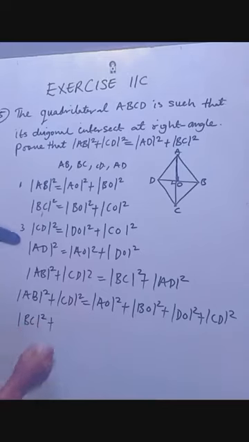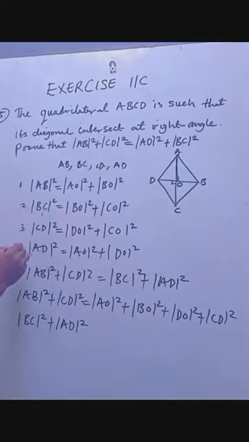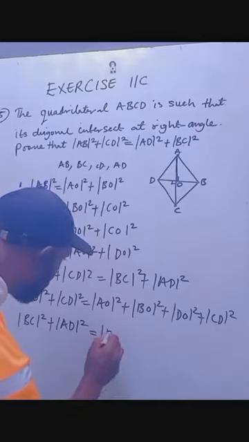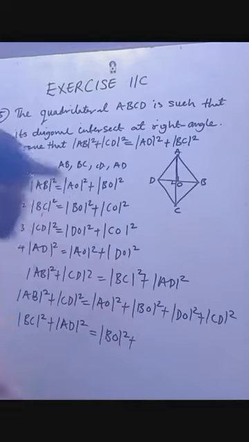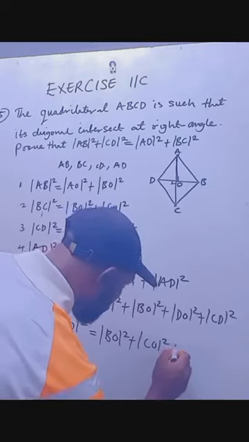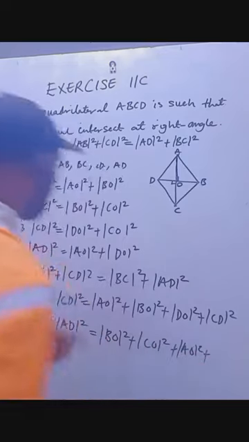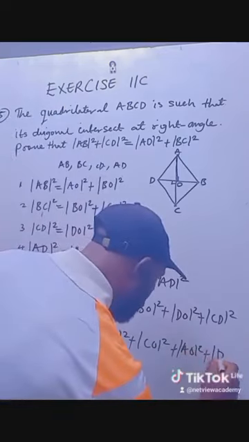BC squared plus AD squared, which is the second and fourth expression, has the values BO squared plus CO squared plus AO squared plus DO squared.